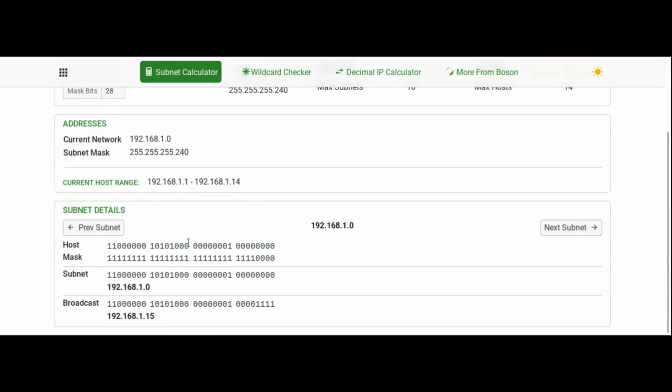Please take a look at the subnet ID and the broadcast ID. The subnet ID will change at an interval of 16 IP addresses and there will be 16 subnets in total. Let's go to the next subnet and analyze its subnet ID, subnet mask, host range and broadcast ID. Similarly, we will analyze all the 16 subnets of this classful network.